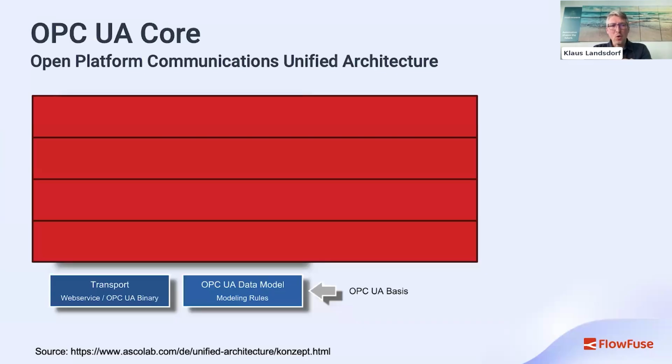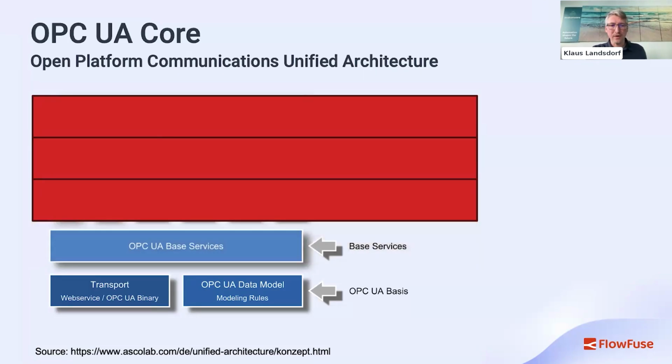And then we had this core OPC UA in the very beginning, which said, okay, we have two things in the industry. First is the transporting of data, and the other thing is data itself, in the best case, information models. If you have an information model and you can transport the data, then the next step is you need services.